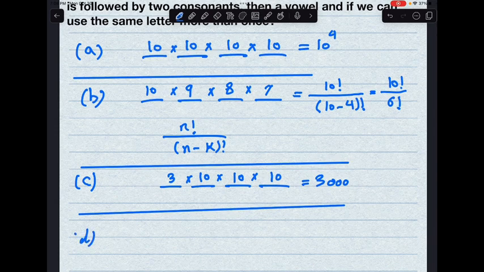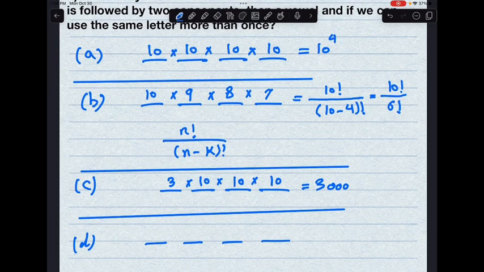So for part D, again, we have orders. For the first letter, we have 10 choices, any of these 10 letters. The second letter must be a vowel, so it's just 3. And for the other 2 places, they must be consonants.